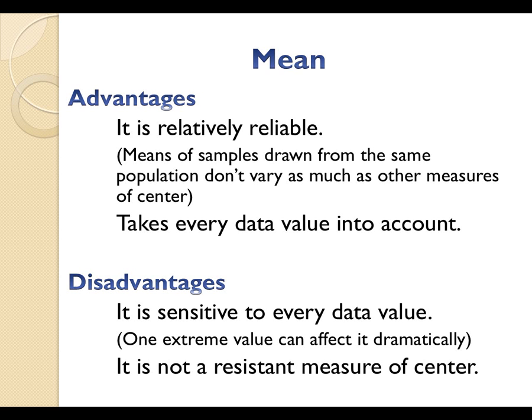Or if you have a very large data value that's very far away from the higher end of your data, what we call an outlier, then the extreme values can cause the mean to vary a lot. So it is not a resistant measure of center. It can't overcome the influence of what we call outliers, odd data values that are extremely high or extremely low.